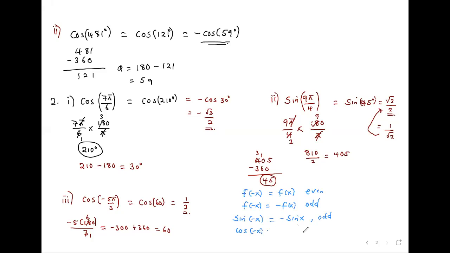Cos of negative x is the same as cos x, so cos is an even function. These are very, very important, so that you don't need to worry about the negative when you see it in cos, because it will make it positive. You're not worried about it.